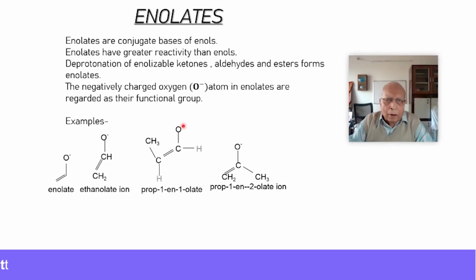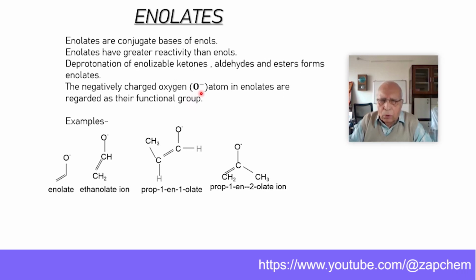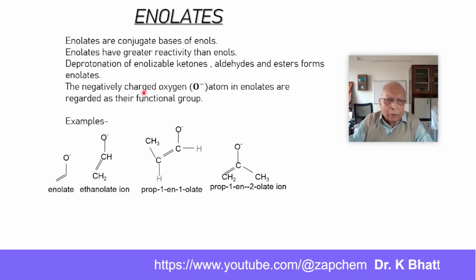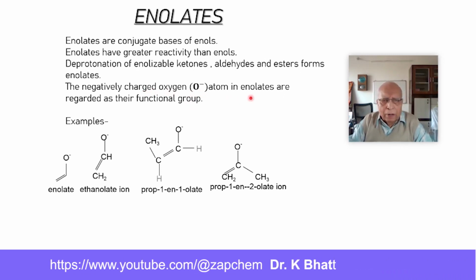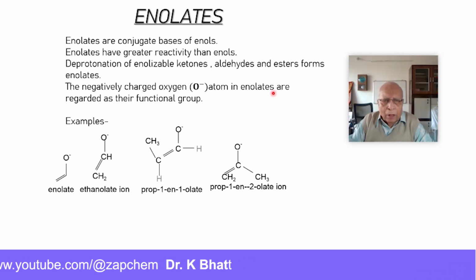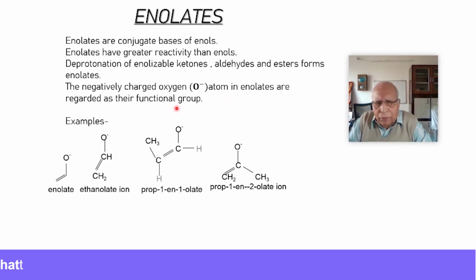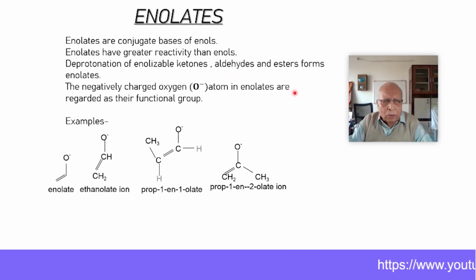Then what are enolates? Enolates are conjugate bases of enols. The functional group here is O negative, if you call it a functional group. The negatively charged oxygen atom of the enolate ion is the functional group. The deprotonation of enolizable ketones, aldehydes and esters forms enolates.